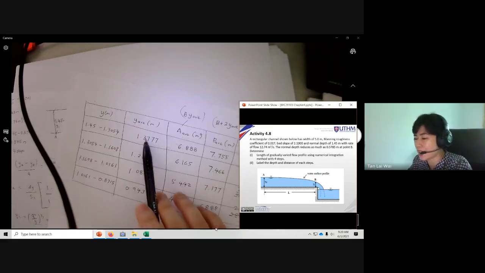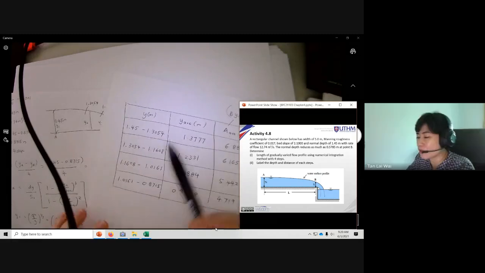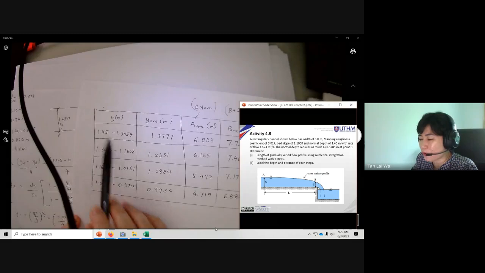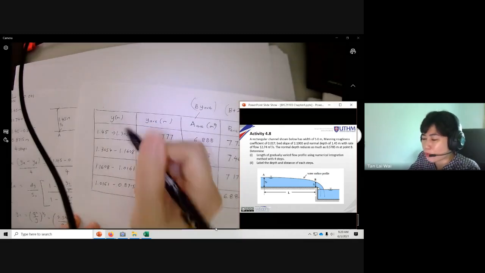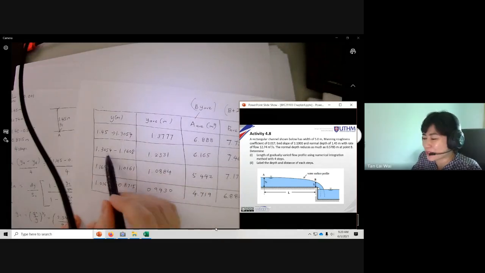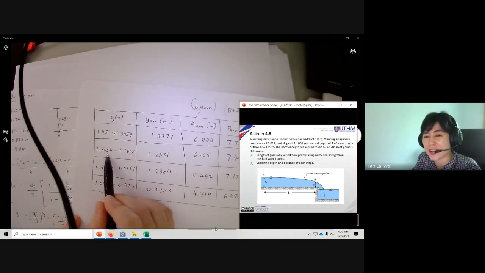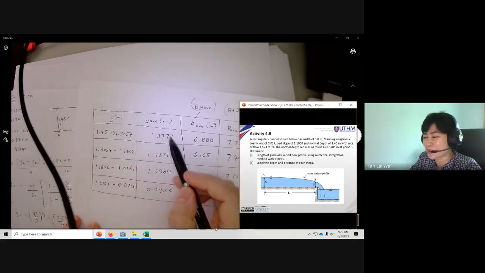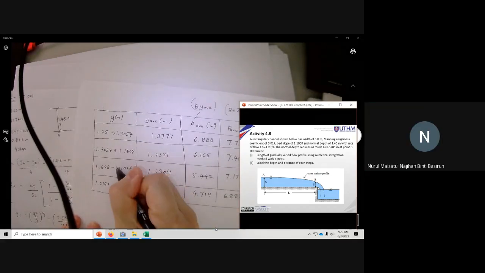Oh, sini. This is not minus, sorry. This should be 1.45 to 1.3. Actually it's between. I just put this dash. It's not minus, it's a dash basically. Okay, doktor. It's between, because we want to take the average.